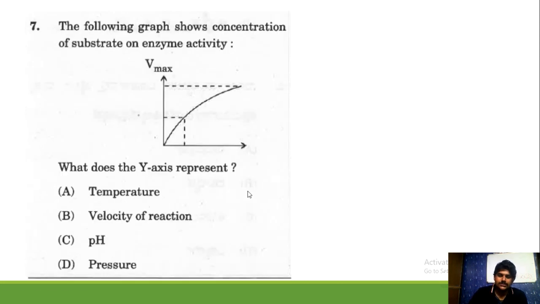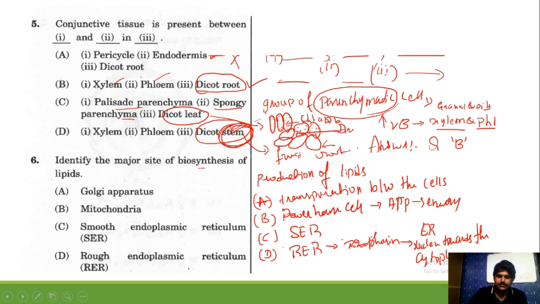Then in the SER, smooth endoplasmic reticulum, there is no ribophorin deposition, you can see here. The main function of SER is to produce lipid in the body.